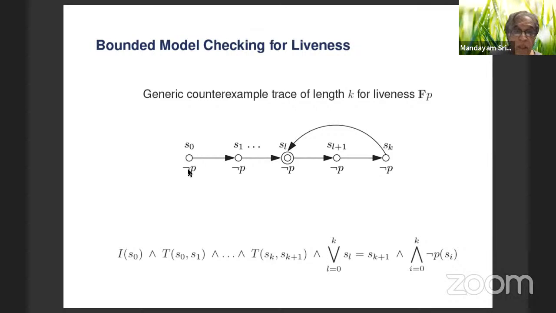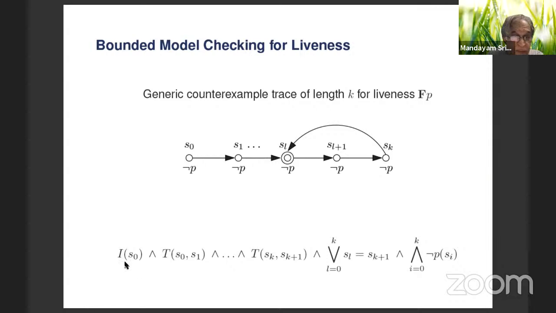So you remember that the counterexample for a liveness property like FP is one where not P continuously holds, and it hits a loop like this. Then you know that this one is an infinite counterexample. So this can also be converted into a formula on which SAT can be checked.